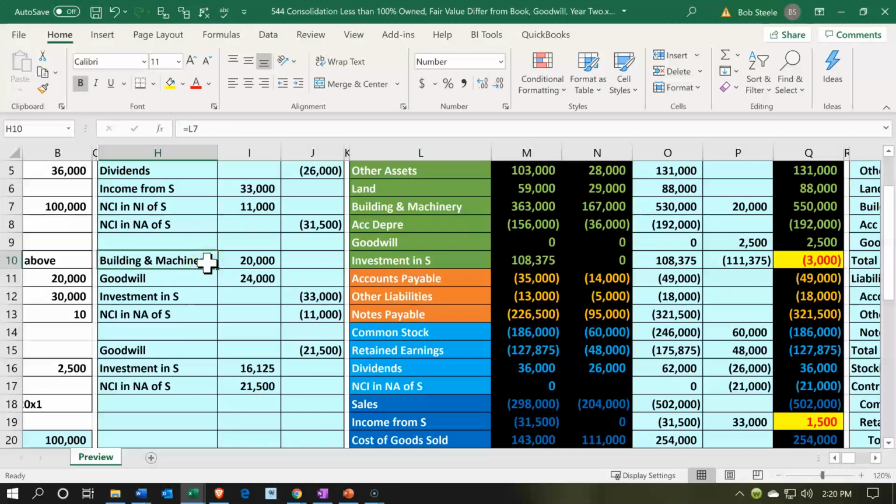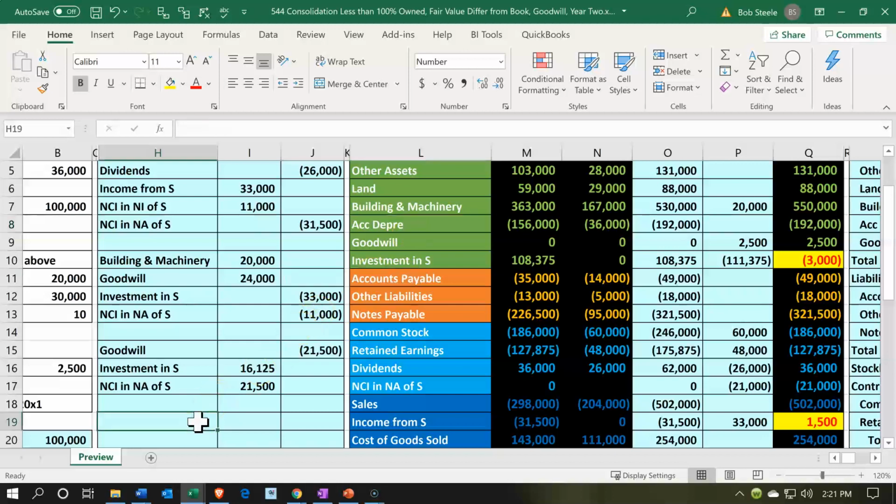The accumulated depreciation is going to be increasing for however many years have passed. There's 1 year in the past, and then we'll think about the current year's depreciation expense. So I'm going to increase this accumulated depreciation in two parts. 2 years have passed since the point in time that the consolidation took place. I'm going to think about it as, again, the prior year first, or prior years if there were more than one, and then the current year.